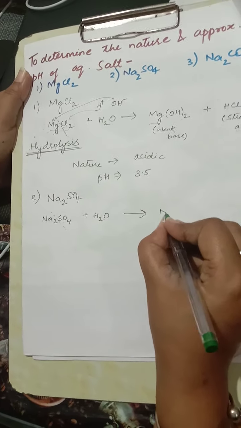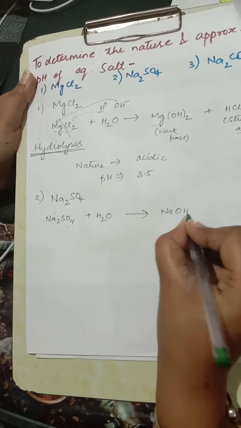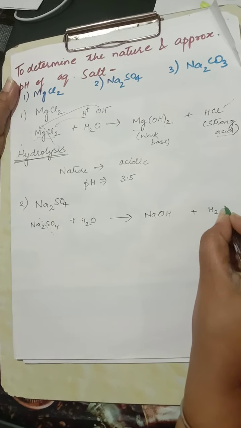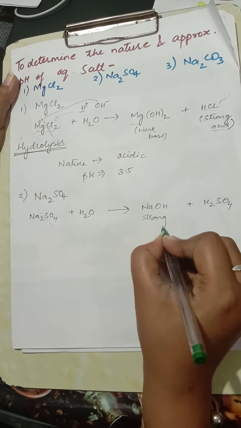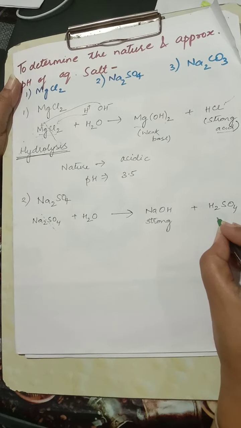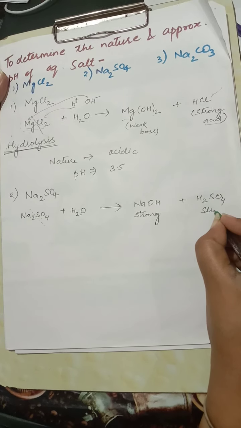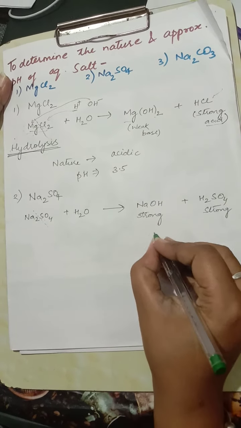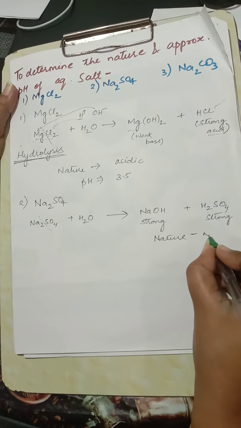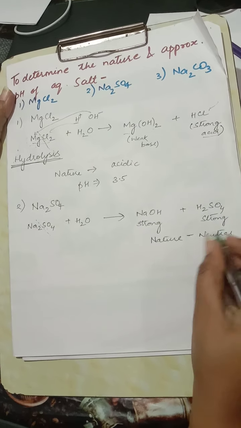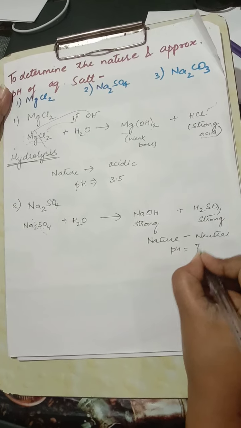So after reaction, NaOH and H2SO4 will form. Both are strong, NaOH also and sulfuric acid also. So the nature of the given salt is neutral and its pH value will be 7.